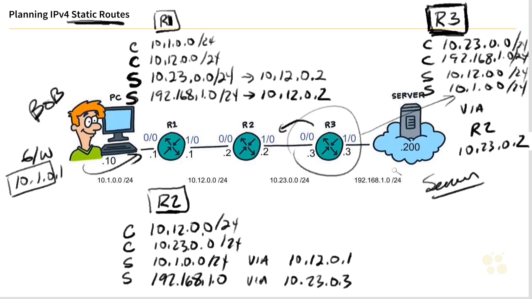The server in this case, if it's on the 192.168.1 network, it needs to use a default gateway of R3, which is 192.168.1.3. So everybody has to cooperate. Everybody has to have an idea of who to forward it to so that packet can be forwarded in the direction of the final target or final destination.